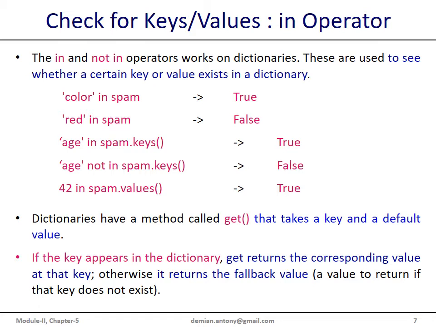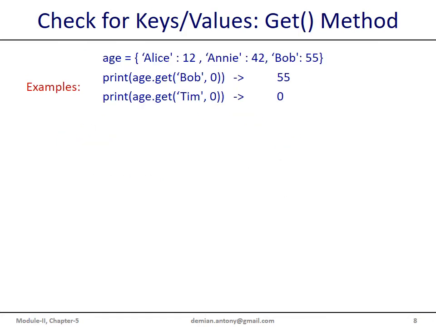Let us take up the example. Let us take up the dictionary age with the name as a key and the age as the associated value. We have three items here and we want to know the age of a person, Bob.